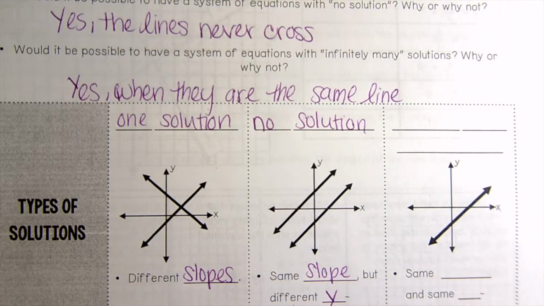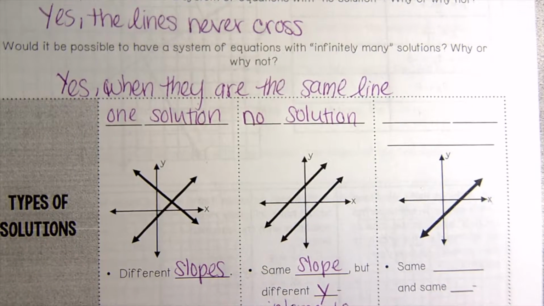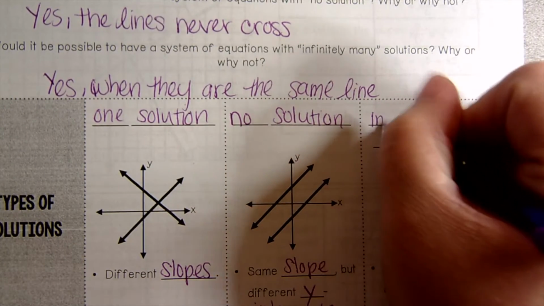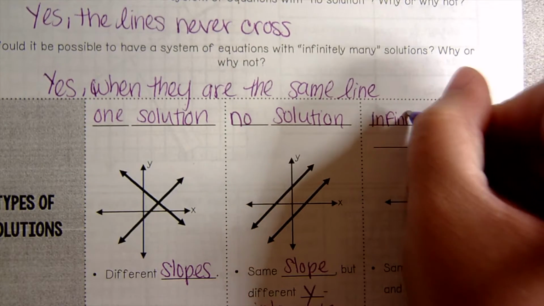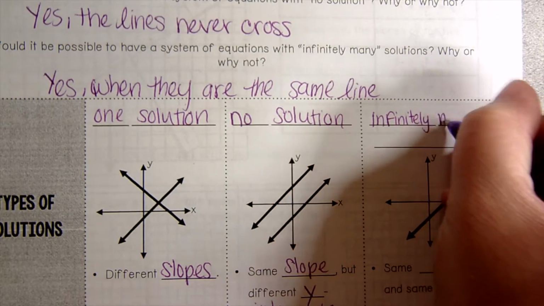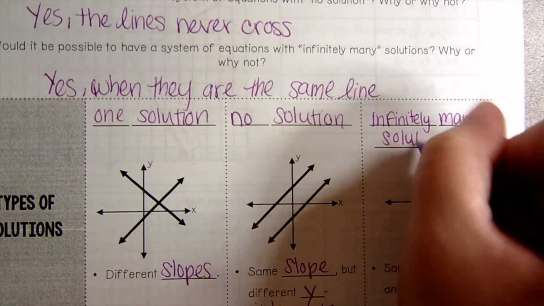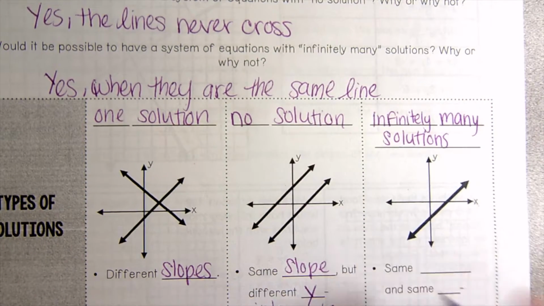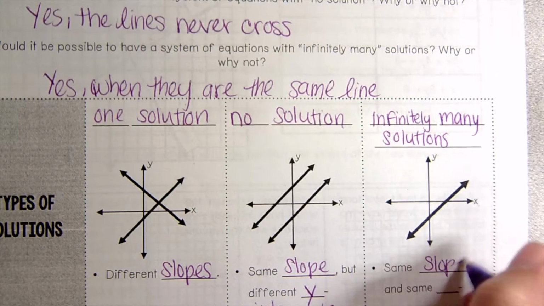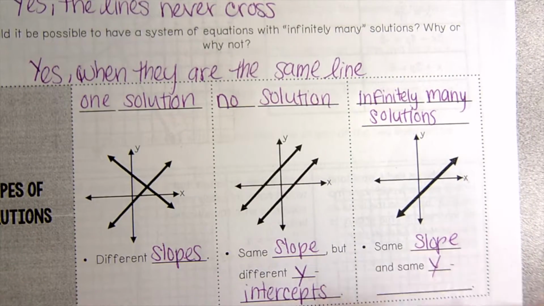That means they're parallel. Then you can have infinitely many solutions. That means they have the same slope and the same y-intercept because they are the same line.